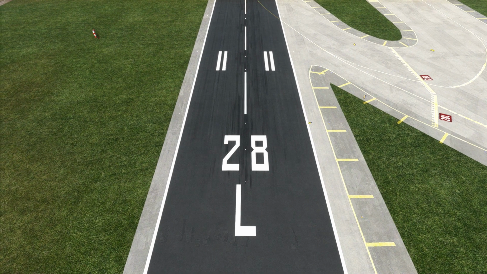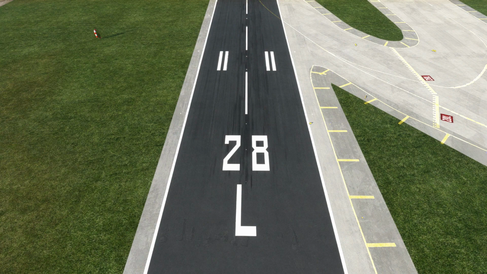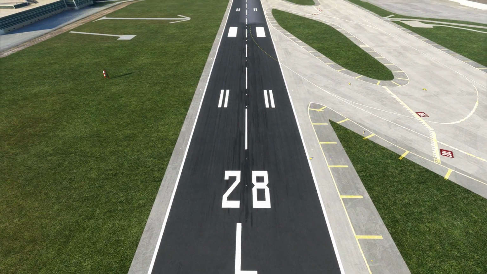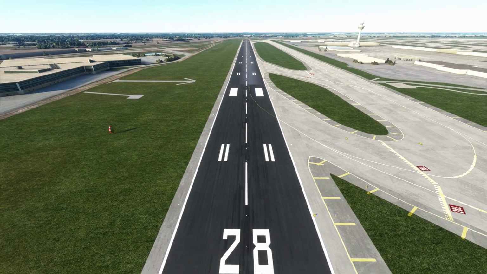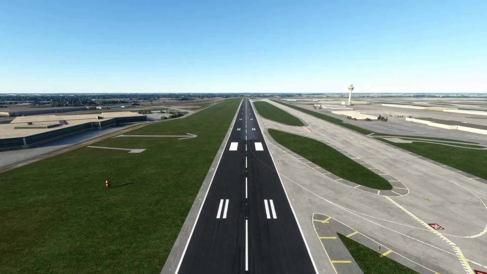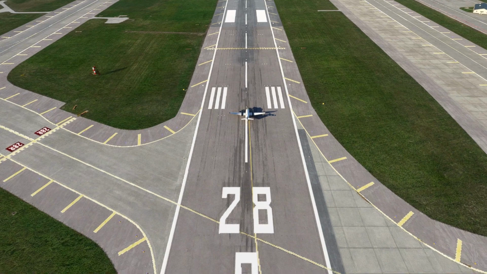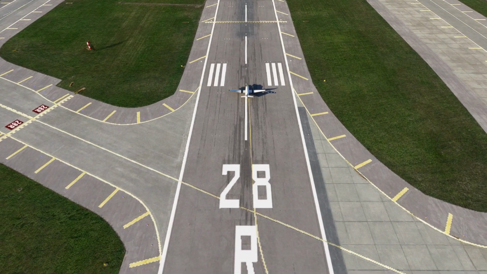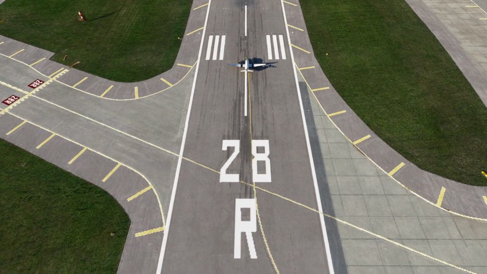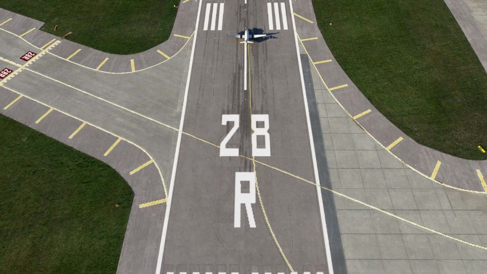The runway number corresponds to the magnetic compass heading that the aircraft is facing. They're rounded up and shortened to the first 2 digits. So in our case here, the aircraft has a heading of 280 degrees. They're always referred to with the letter designation where appropriate, such as 28 right or 28 left.